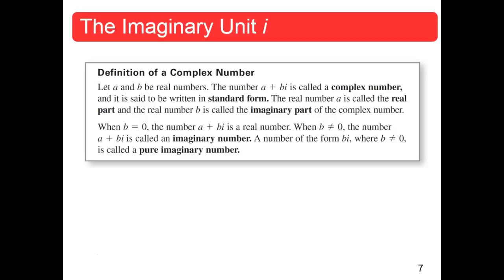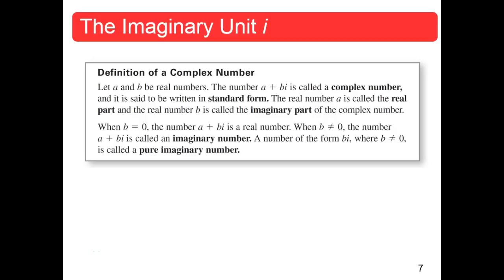When b is not equal to 0, the number a plus bi is called an imaginary number. And again, that's sort of true. I call it a complex number, because all these are complex numbers. But they say if the i is in there, then it is an imaginary number. And that's true.